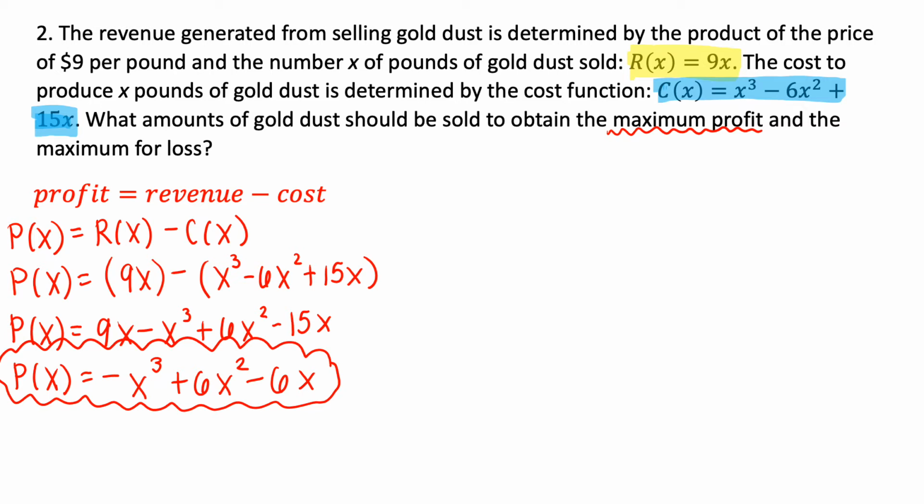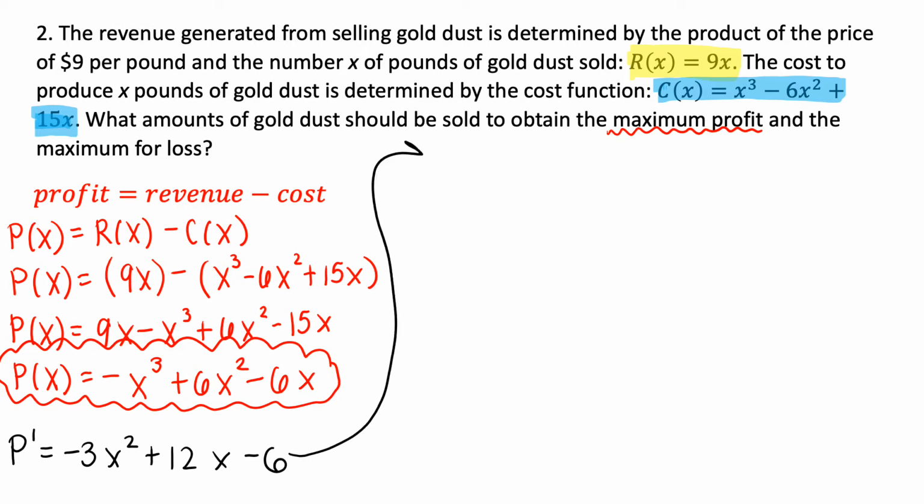Once we've done that, just like we did in number 1, we look for those extrema. So we're going to take our derivative. P prime is equal to, using our power rule, negative 3x squared plus 12x minus 6. Then we set that equal to 0.